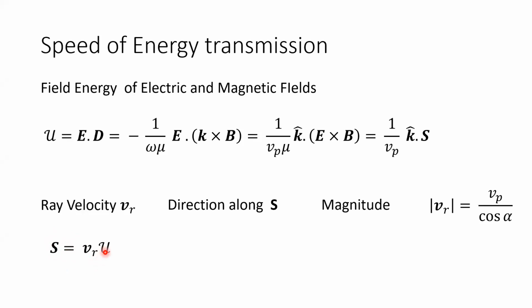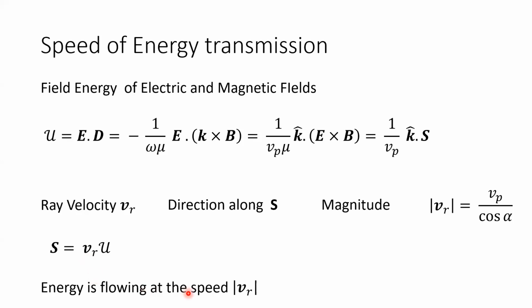The equation would be consistent, the two sides would be consistent if you assume that actually the flow of energy is at the speed given by the magnitude of VR. So what we conclude from this relationship is the following, that energy is flowing at the speed equal to magnitude of VR.